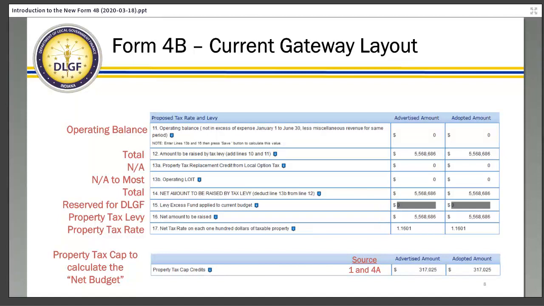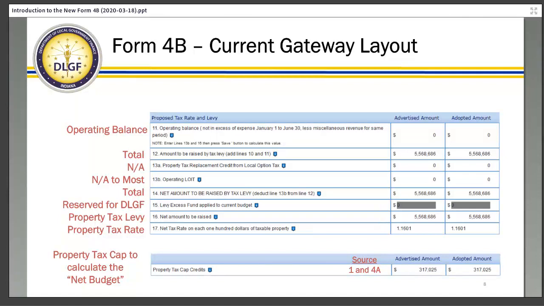If the only revenue going in is a tax draw, they may need to provide services out of this fund, but they will not receive their first distribution for another 6 months. Monitoring the operating balance is an extremely important function for both locals and for the department.